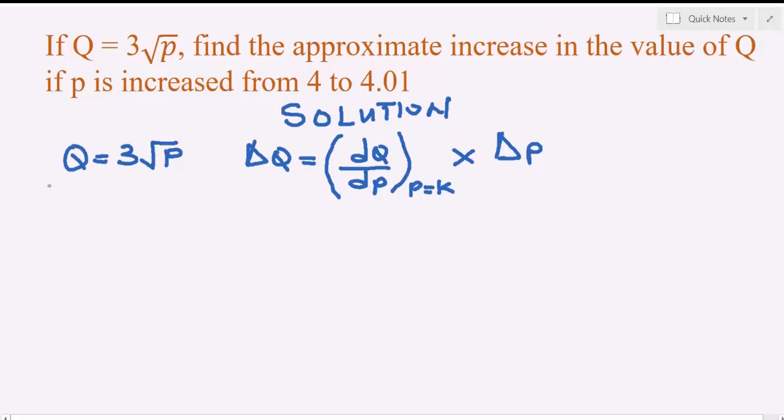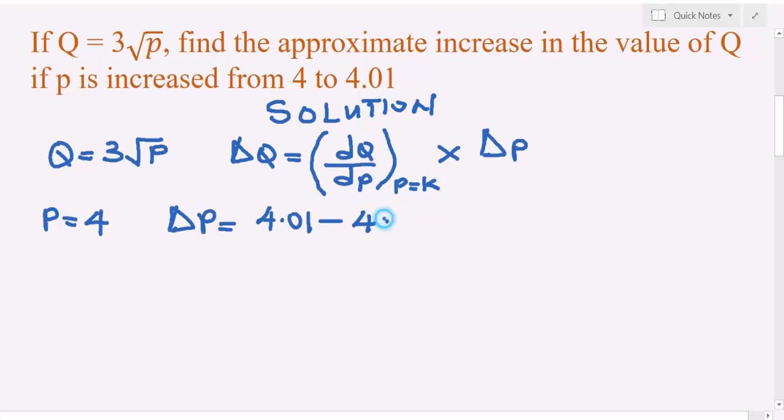Now let us take the parameters. p is given as 4. The change in p, delta p, is from 4 to 4.01. That is 4.01 minus 4, and that will give us 0.01. Our q can also be written as 3 p raised to the power half.